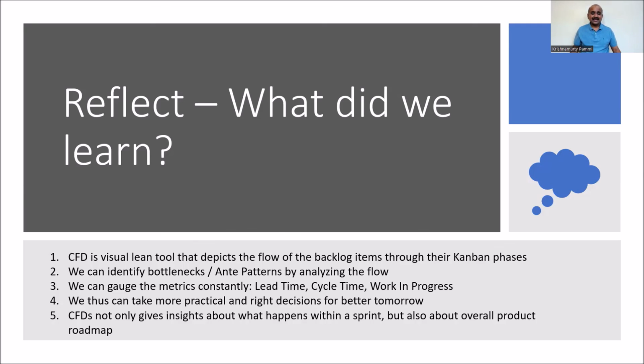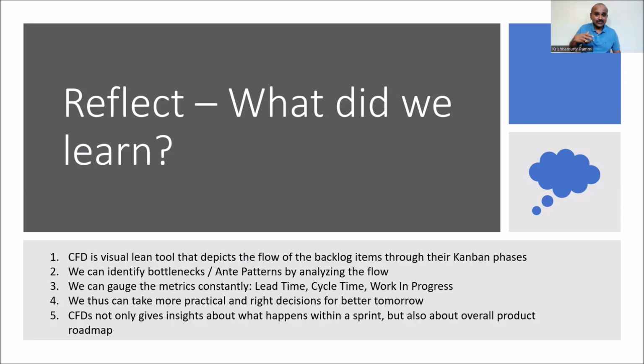And then we can gauge different metrics like lead time, cycle time, work in progress, time to time, sprint to sprint. Within a sprint also we can see. So that we can take informed, realistic, practical decisions, right? And it will help us to make our product reach our goal wisely and effectively.